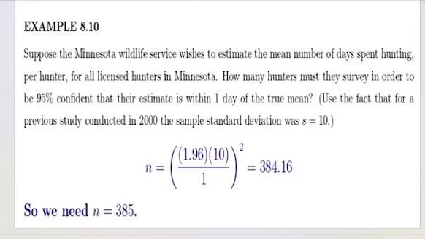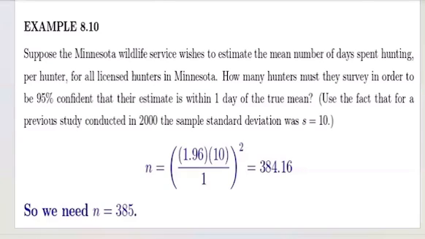That's the margin. Use the fact that in a previous study conducted in the year 2000, the sample standard deviation was 10. Remember when I was talking about sample size determination for proportion, I said when P is available, you use the value that's available; if it is not, use 0.5.